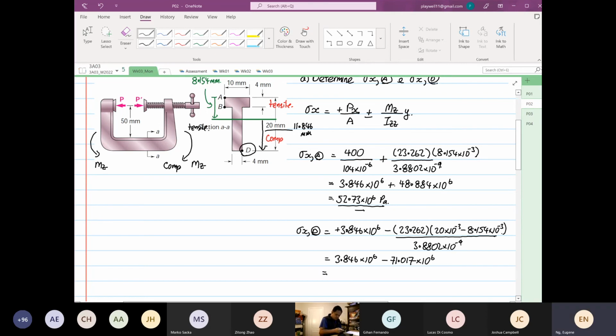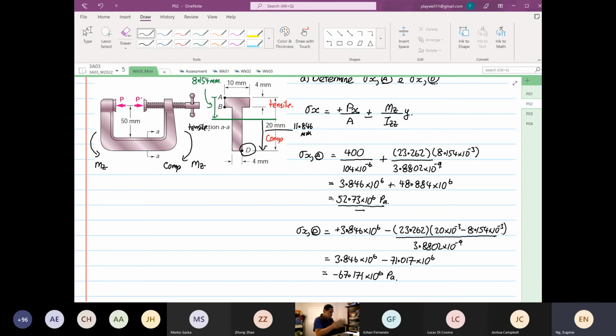So this is 3.846 times 10 to the power 6 minus 31.017 times 10 to the power 6, which is compression, minus 27.171 times 10 to the power 6. That is the stress at point D. So you know that at point A it is tensile, and at point D it is compression.